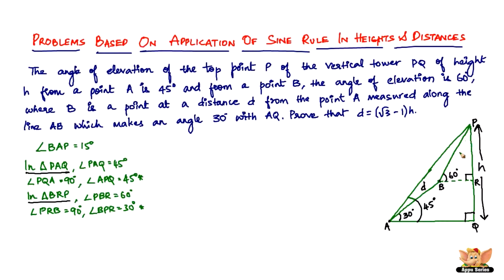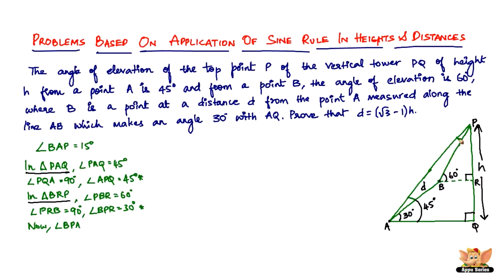So just see, we've already got one of the angles, the green one. We need to get this angle. Again, it's not a very difficult task because we just have to subtract the smaller angle from the bigger angle. The bigger angle is from this point to this point. The smaller angle is from this point to this point. So what are they now? Now angle BPA is what we need, right?